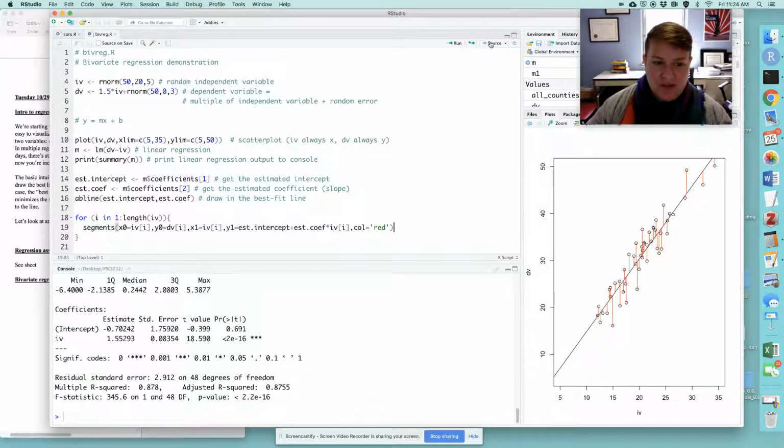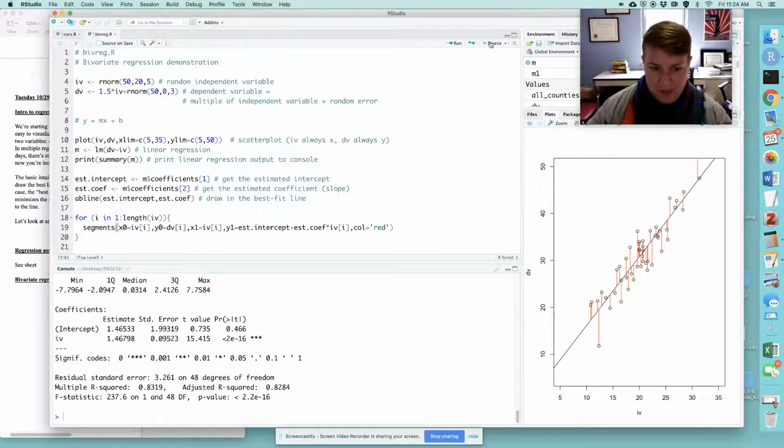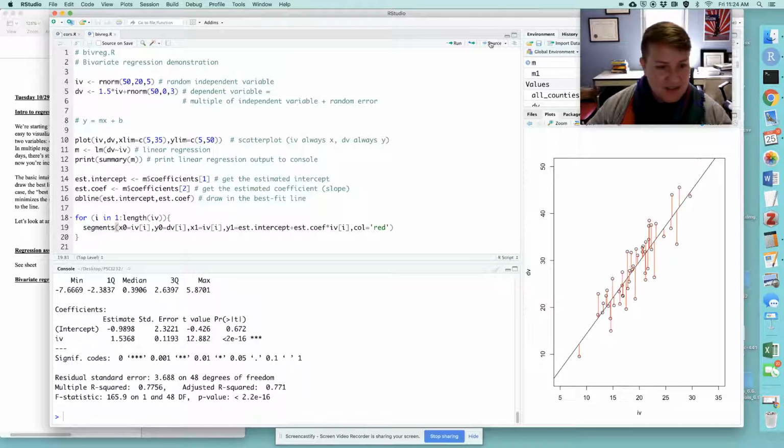1.52, 1.55, 1.47, 1.54. You can see that because we're drawing the independent variable from a big random normal, we get something that fairly closely approximates that.